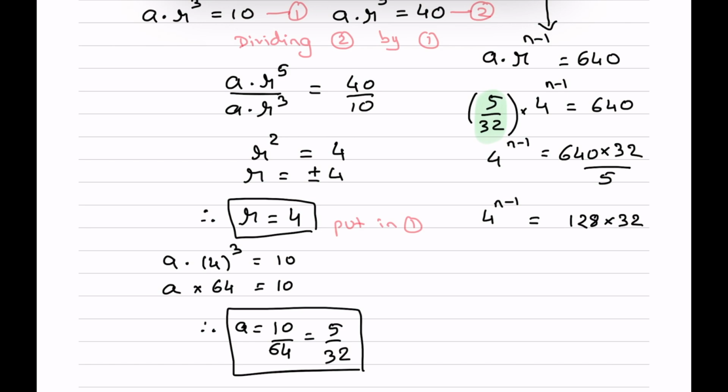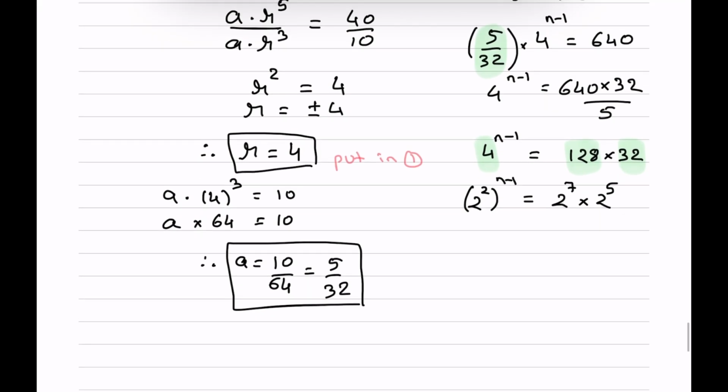Now we know that the numbers 4, 128 and 32 are all powers of 2. So converting all these numbers to the same base 2, we get 2 raised to 2 whole raised to n minus 1 equals 2 raised to 7 times 2 raised to 5. Simplifying this, we get 2 raised to 2n minus 2 equals 2 raised to 7 plus 5.